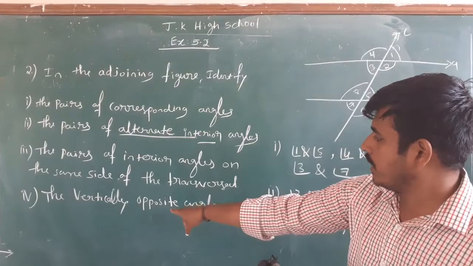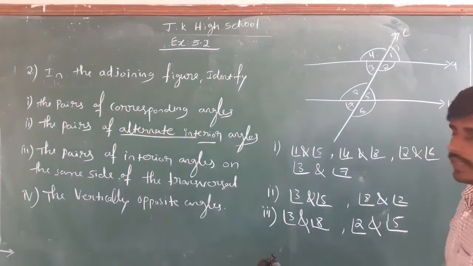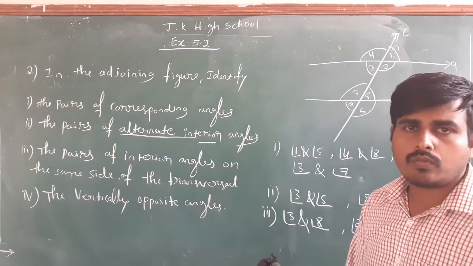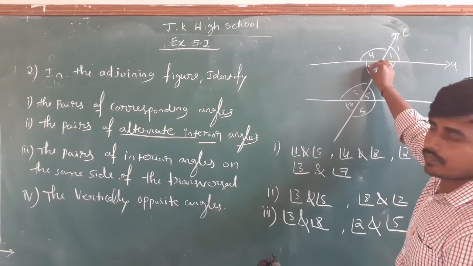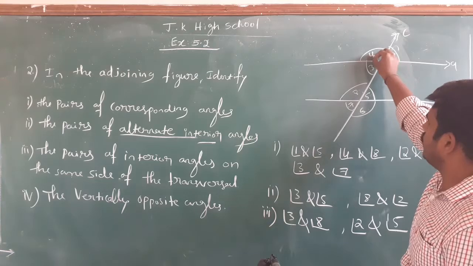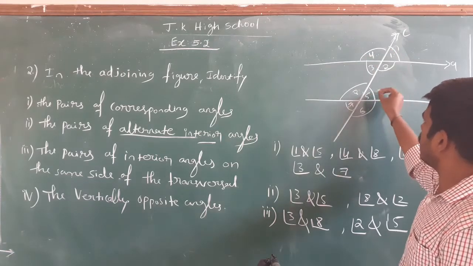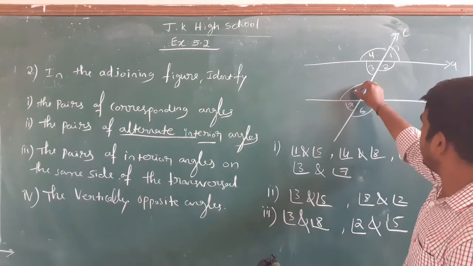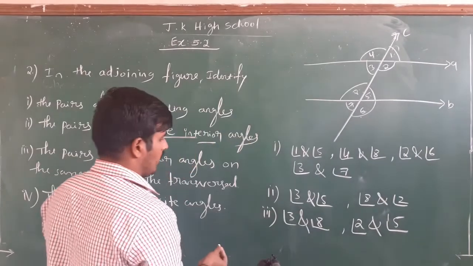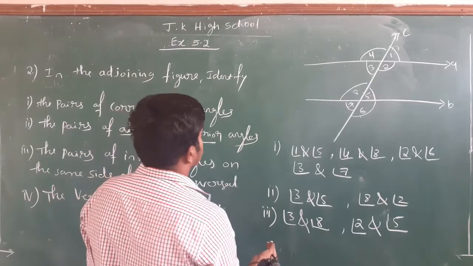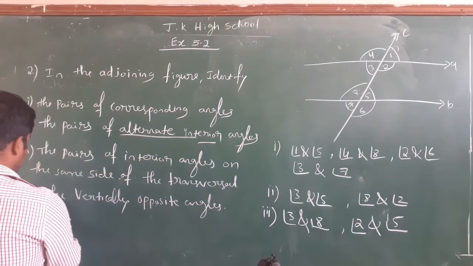Last one, the vertically opposite angles. You can see many. 4 vertically opposite angles: 3 and 2 with 4, 5 with 7, 8 with 6. You can write as many as you want. I will write the fourth one here.